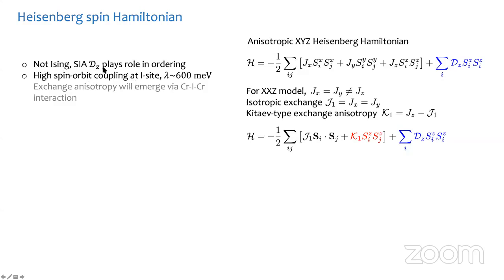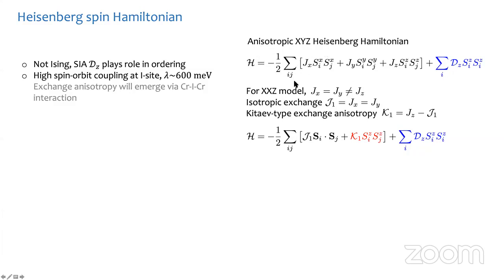And not only that, as I proposed earlier, since your iodine has a very strong spin orbit coupling, there will also be some exchange anisotropy via these Cr-I bonds. Now, if you put these two things together, and if you write an anisotropic XYZ Heisenberg Hamiltonian, where your Jx, Jy, and Jz are different, along with the on-site anisotropy.